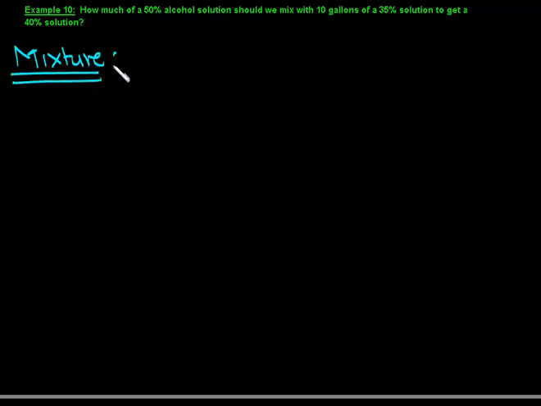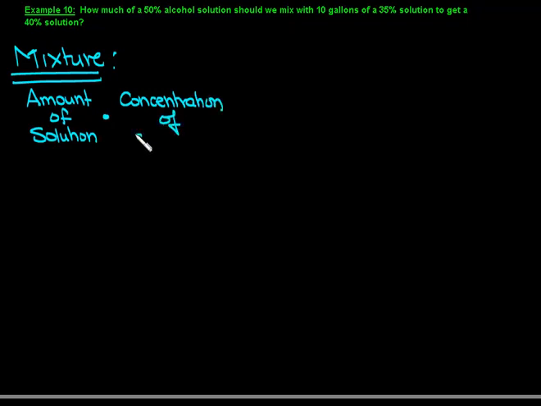We today looked at three new formulas: motion, work, and mixture. Okay, so the formula for mixture is this. If you have the amount of solution and you multiply that by the concentration of substance, that should give you what?